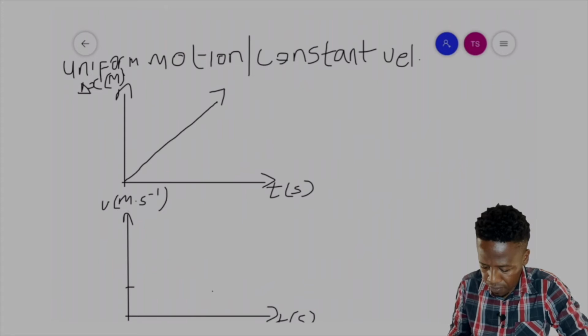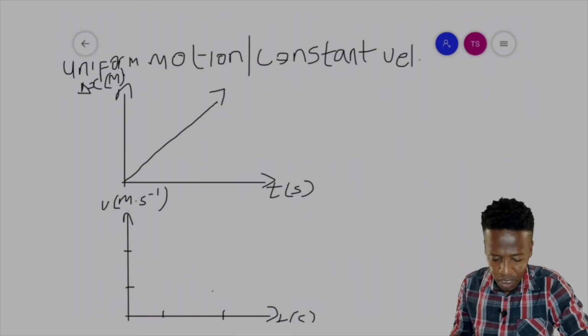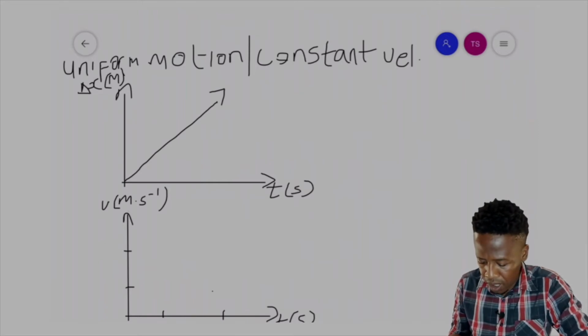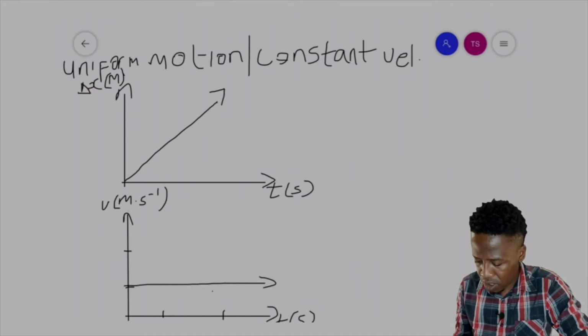Now this graph, if you're traveling at constant velocity, meaning your speed doesn't change, right? It will basically give you a straight line right across.